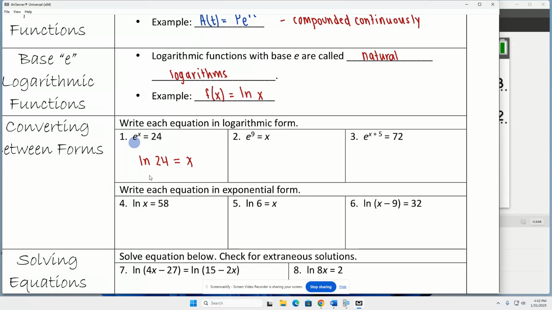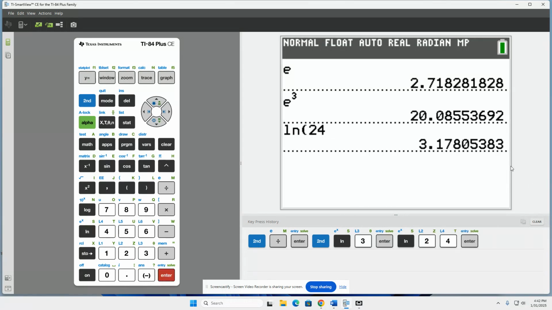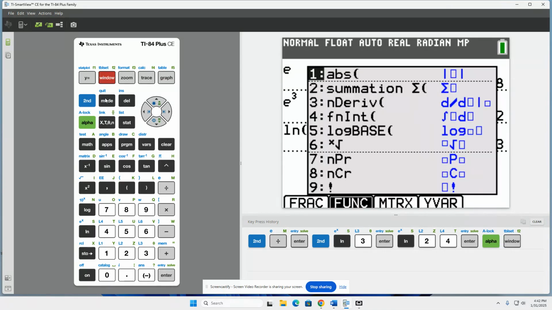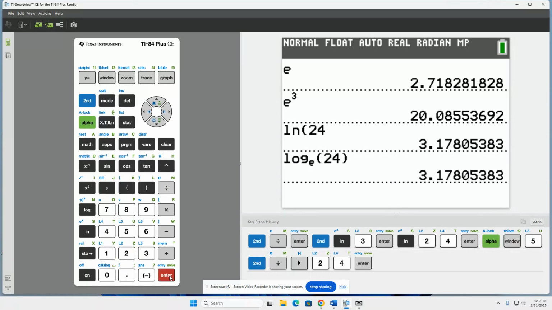So now, of course, I can go directly to the home screen of my calculator, and I can type in ln of 24. Now let me prove it to you while I've got this calculator up and open. If I did alpha window number 5, and I plug that base E into that spot down here, and I raise this to the 24 power, notice it's identical in the value.